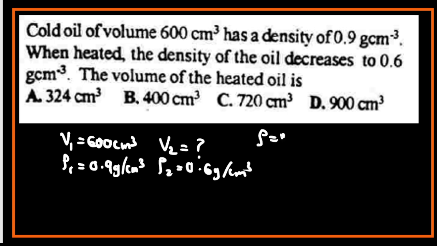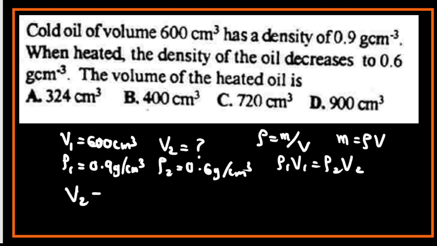Density is what? Mass over what? Over volume. The only thing that's going to be kept constant here is mass. Mass is density times volume. So we can say rho 1 V1 equals rho 2 V2. You need V2. So V2 should be equal to rho 1 V1 divided by what? Rho 2.